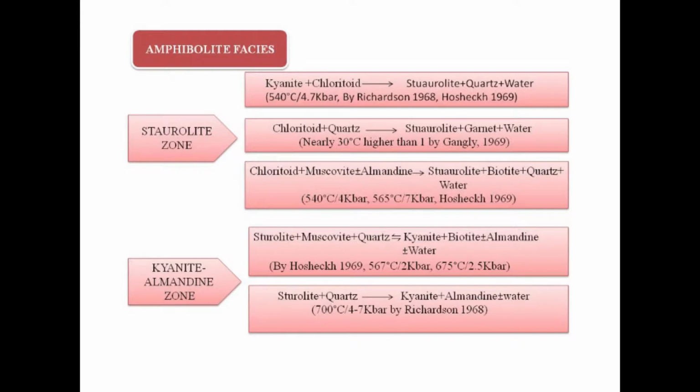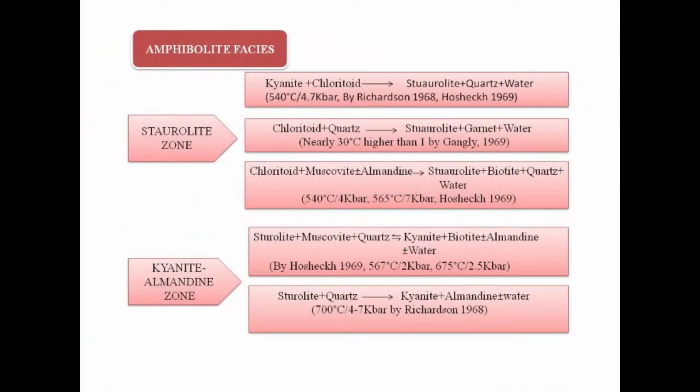This reaction was carried out by Richardson in 1968 and Hoschek in 1969 at 540 degrees centigrade, 4 to 7 kilobar pressure. The next reaction is chloritoid plus quartz giving rise to staurolite plus garnet plus water, nearly 30 degrees centigrade higher than the previous reaction, by Ganguly in 1969.